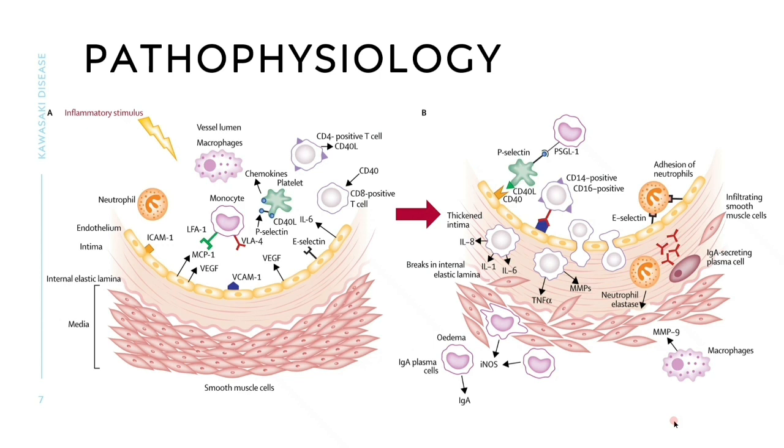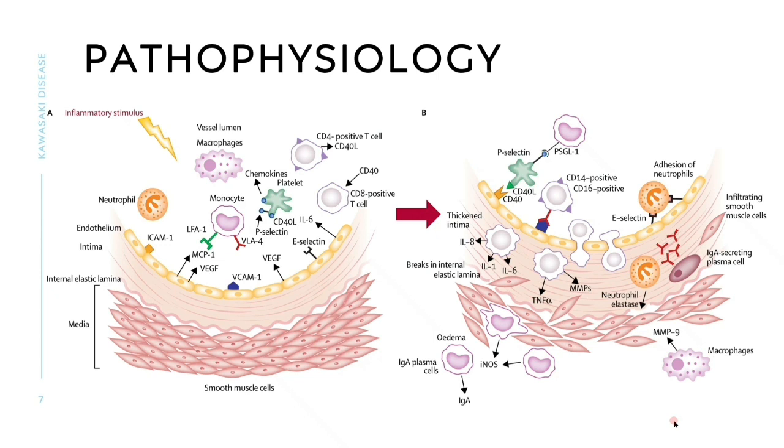So the cardiac complications can be thrombosis with myocardial infarction as the end result, or aneurysm. The aneurysm can also cause thrombosis because of the disruption of blood flow, or it can just rupture and cause cardiac tamponade. The most vulnerable vessels are the coronary arteries, and that is why it's very important to address this as early as possible.